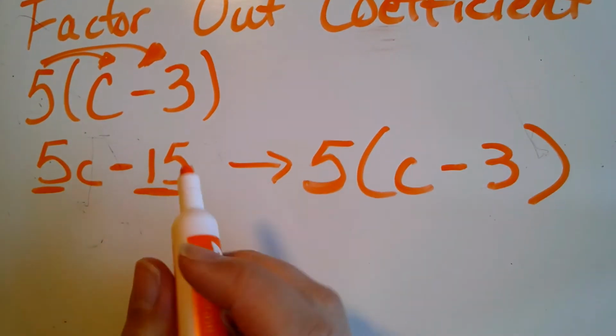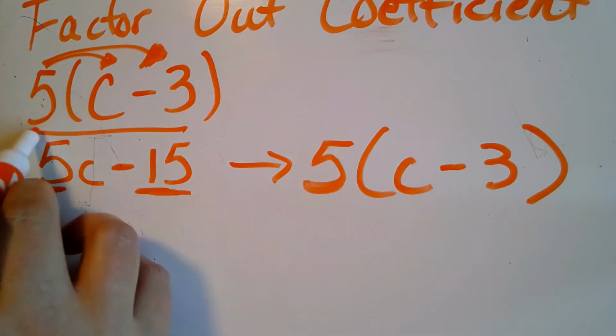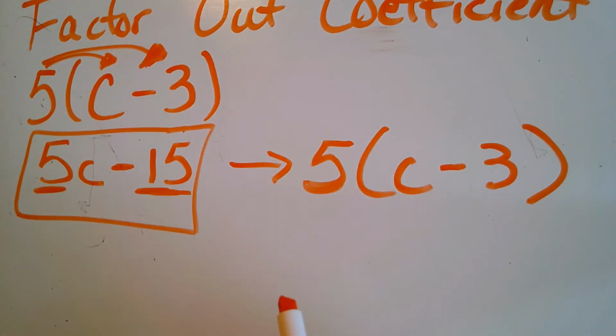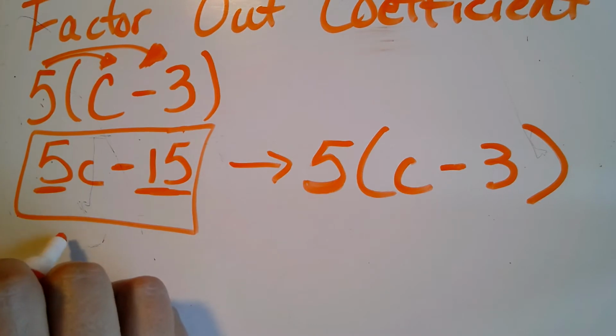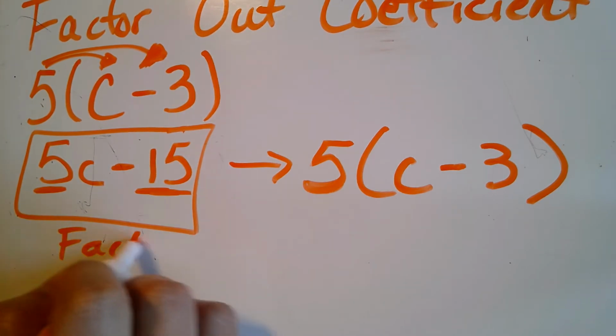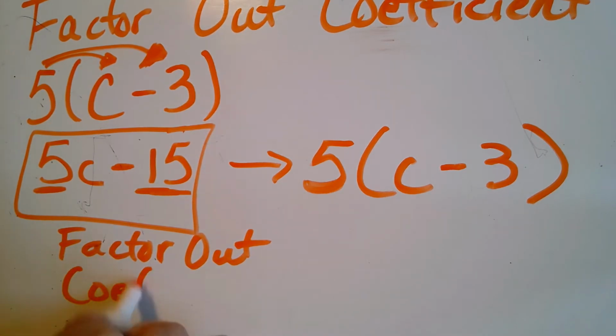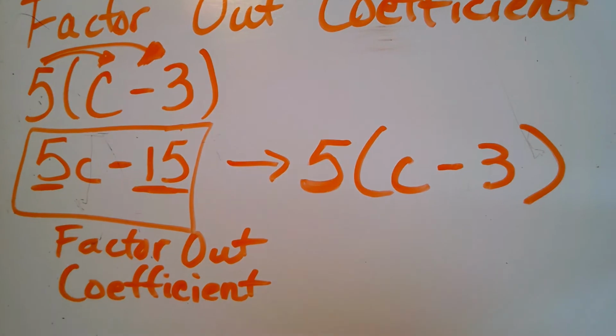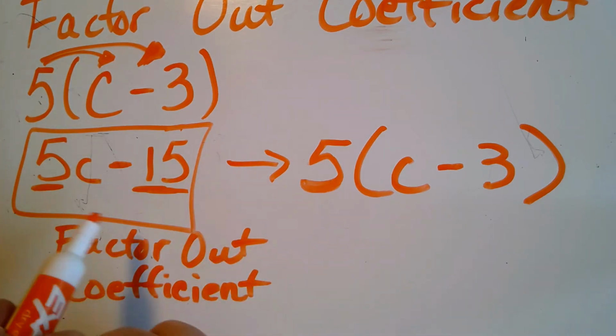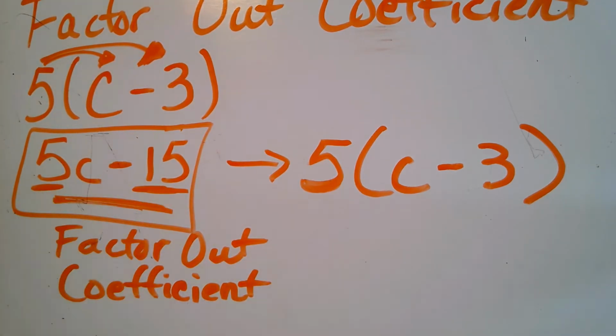So factoring out the coefficient is you are going to be given a simplified expression, and you need to factor out a coefficient, or in other words, a multiple. Factoring out what number created this final expression when you multiplied or distributed.